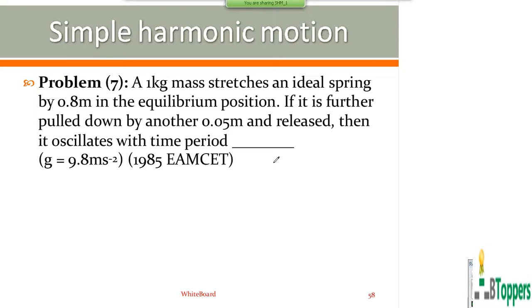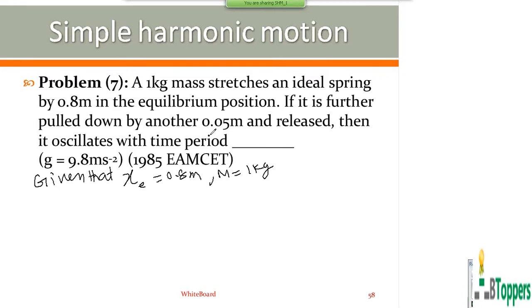That means here the elongation of spring in the equilibrium position of the mass, which I denote by xe, is 0.8 meters. The mass of block is given as 1 kg. It is further pulled down by another 0.05 meters and released.